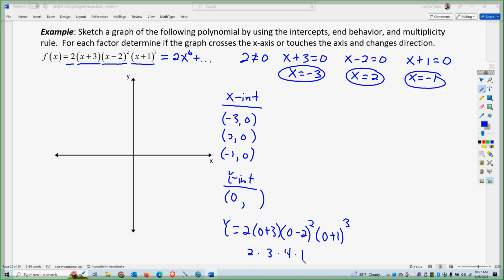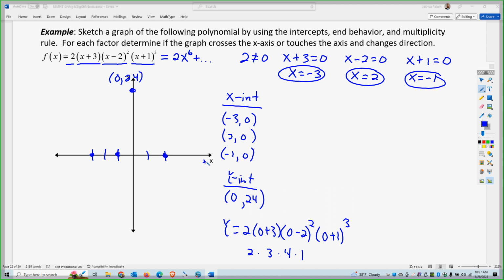So that's 6 times 4, so we get 24. Okay. All right, so we have negative 3, 0, 1, 2, 3. We have (2, 0), (negative 1, 0). And up here, we'll just put a random 24, right? So (0, 24).